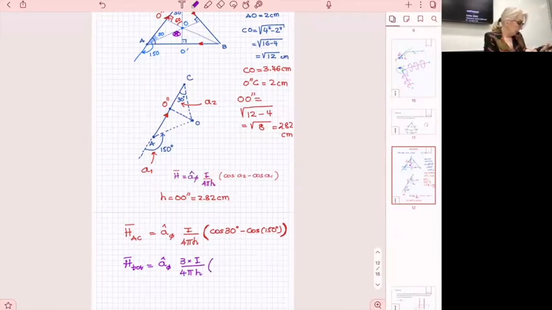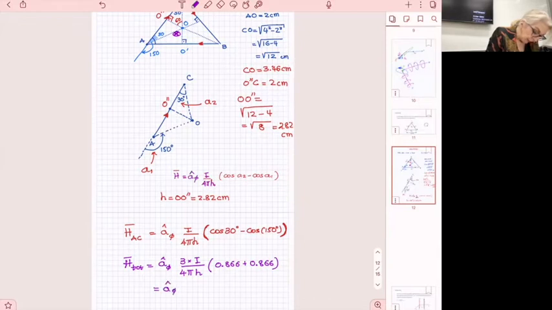And then it's going to be that. So the cosine of 30, how much is it? It's 0.866. Cosine of 150 is minus 0.866, so twice that. So this is going to be A phi. This is going to be 3 times the current.